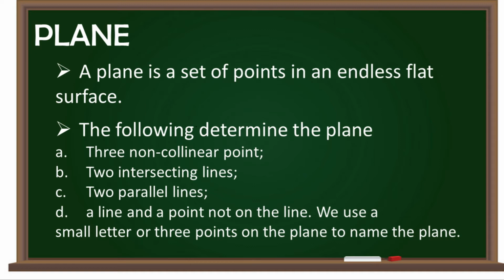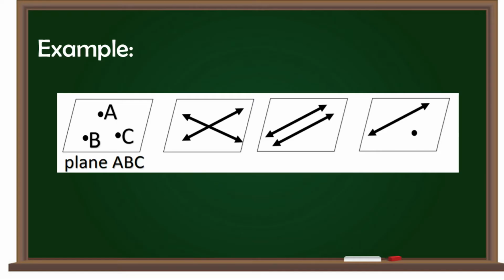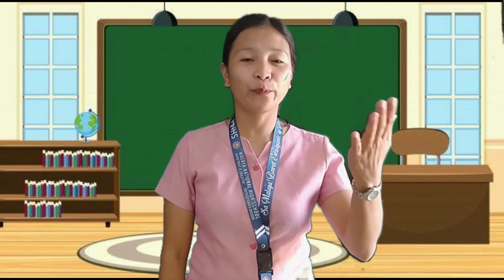We use a small letter or 3 points on a plane to name a plane. Very good! Cite an example that represents a plane. Awesome! Picture frame, door, and notebook. From our discussion, we attained Objective 2 by citing an example of point, line, and a plane.